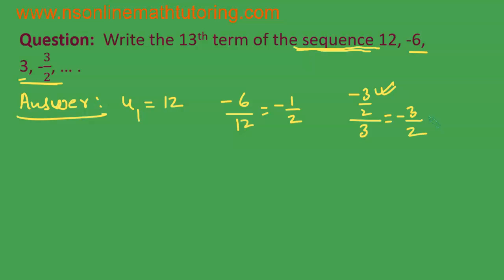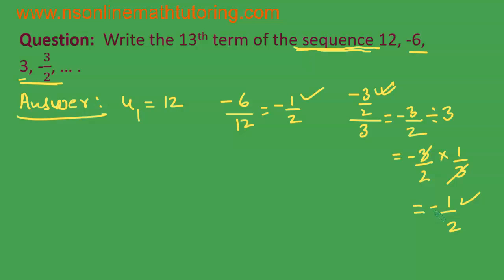Minus 3 over 2 divided by 3. Okay, so this is equal to minus 3 over 2 times 1 over 3. And these two can get cancelled and you will be having the ratio as negative half. This is also equal to negative half.